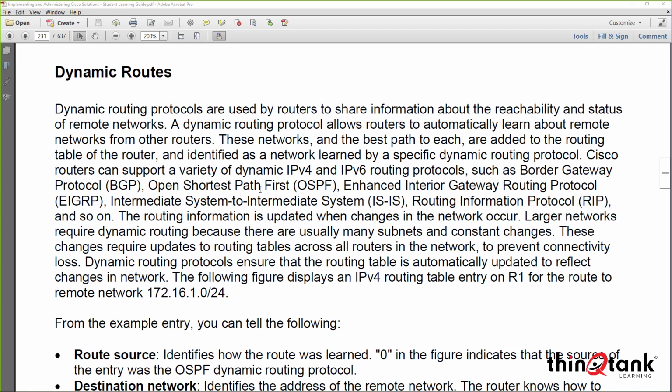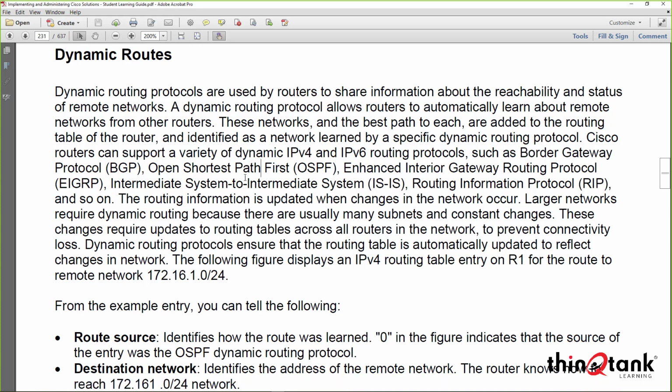Okay? If you're really interested in learning more of the advanced stuff about these routing protocols, because we only really talk about basic OSPF in this class, go to the YouTube channel, check out the ENARSI course. That's the advanced routing course. And there are several videos out there about advanced EIGRP, advanced OSPF, basically the same types of recordings that we're doing for this class, but for those advanced routing protocols.